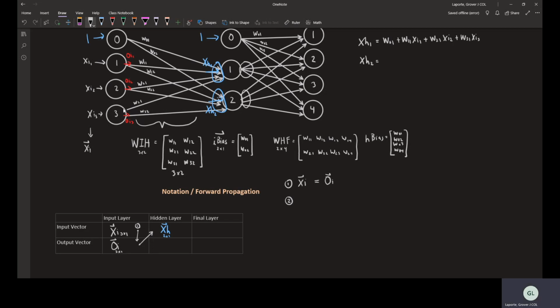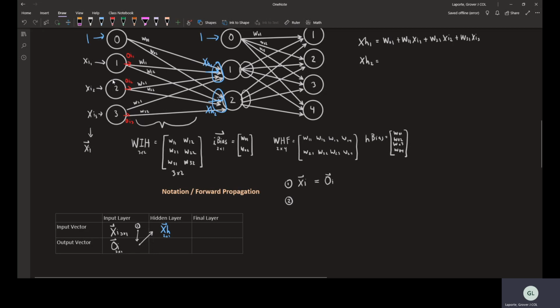And so we get that, and that takes care of the arrows that are coming into node 1 from this side. So what I'm telling you is this XH1 is a combination of all of these arrows that are coming in. The way that you do the arrow is you just take the weight on that arc and multiply it by actually the OI. Oh, I should have done the OI.